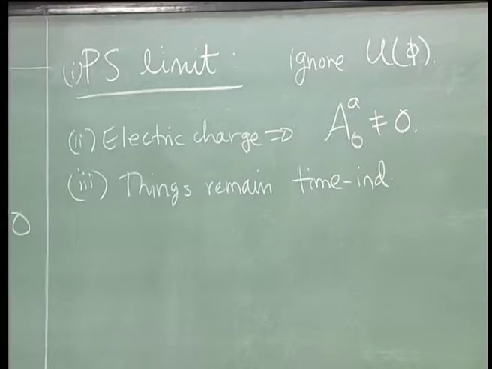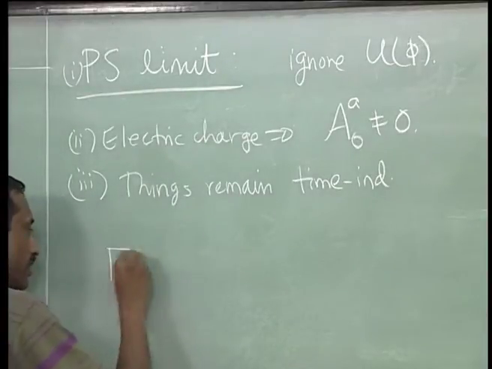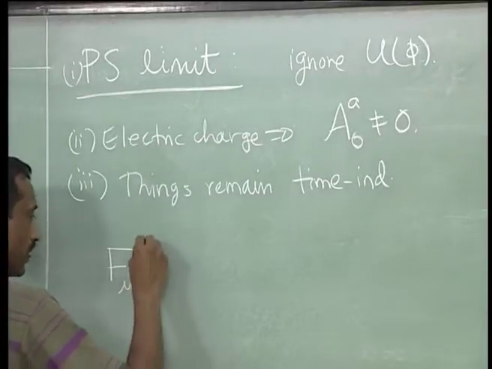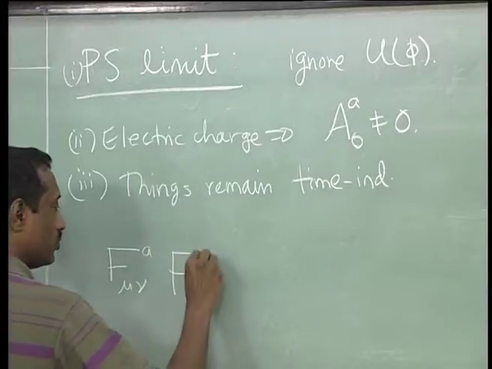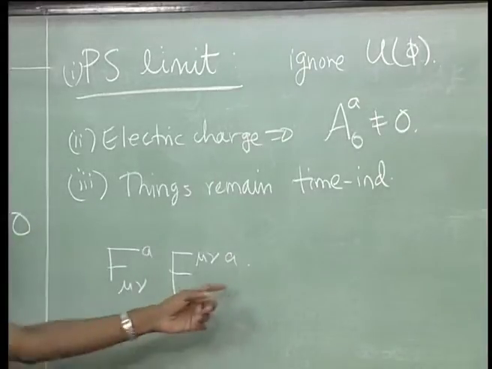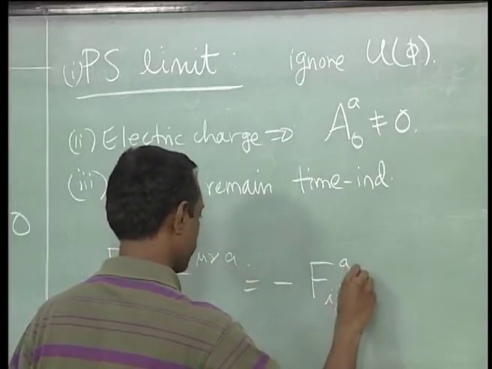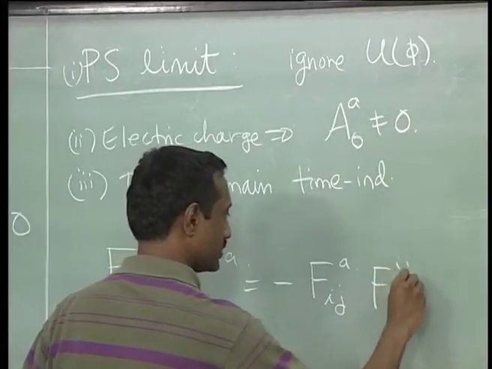So let us look at, first thing in this sort of a situation, what happened to F_{mu nu}^a F^{mu nu a}. Originally when A0 was 0 and so on, we just said that this is equal to minus F_{ij}^a F_{ij}^a.